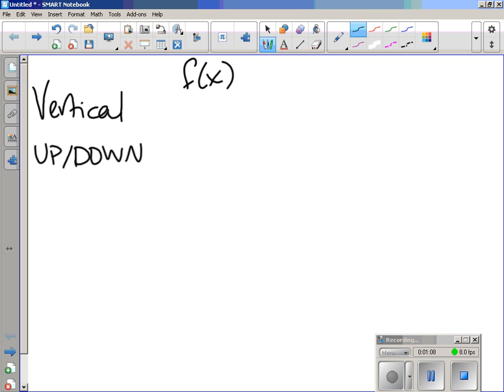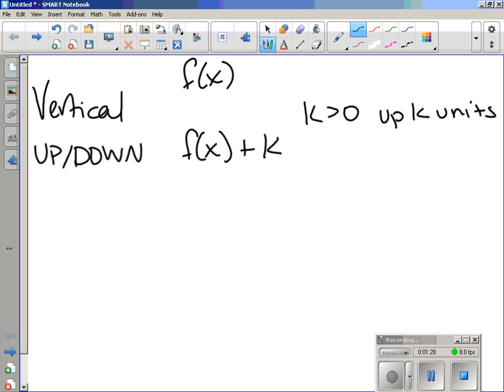If I want to move that function up or down, on the outside, I'm going to add or subtract something to it. If that number is positive, or greater than 0, it's going to move up that number of units. If that number is less than 0, say -2 or -3, it's going to move down that many units. So that's one type of vertical transformation we could have.